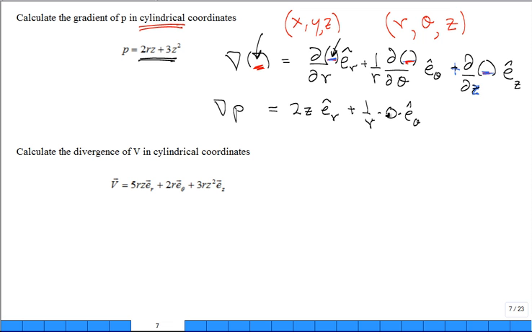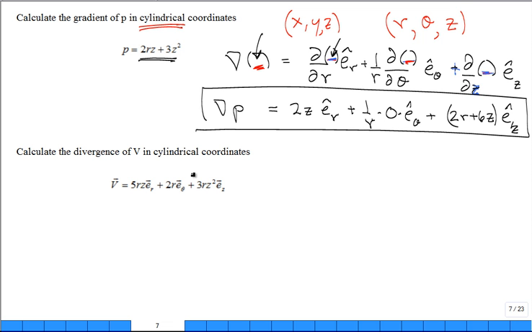So all that's just 0, plus the derivative with respect to z, 2r plus 6z e sub z. There it is. I can clean that up, get rid of that because it's 0, but that's clean enough. True?